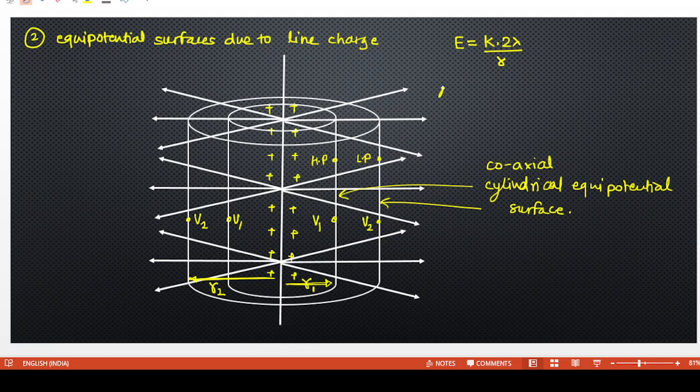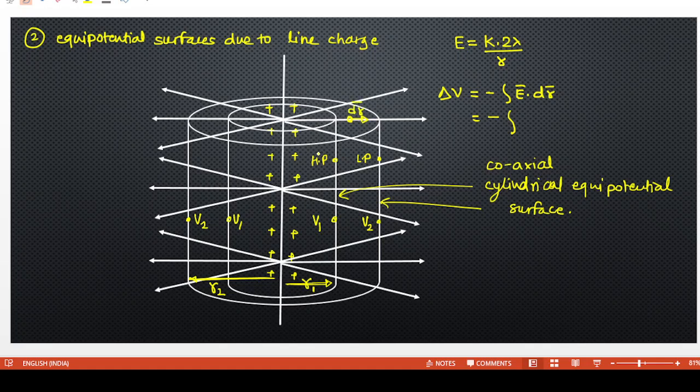We know the potential difference between the two points is equal to minus integral E bar dot dr bar. If we try to solve this, what will we get? Minus integral, this is the E bar. At any general point the electric field is going to be away, rightward, and let's say the displacement dr bar is also rightward.